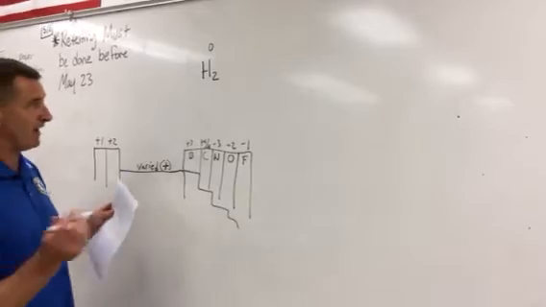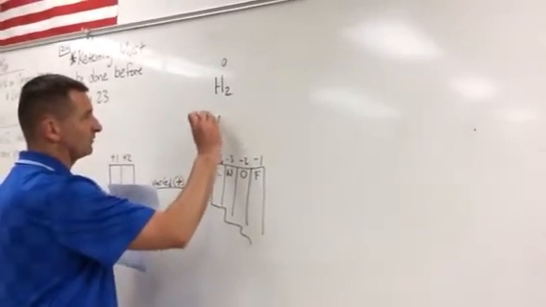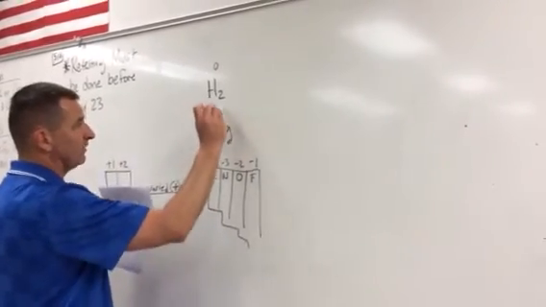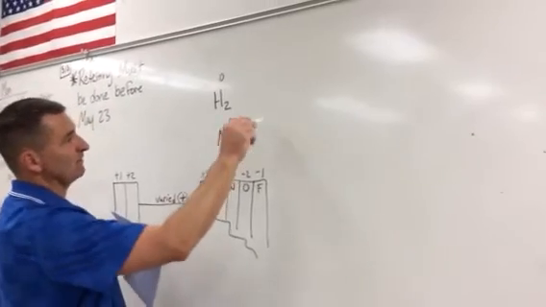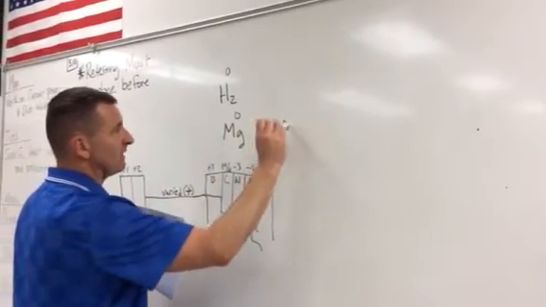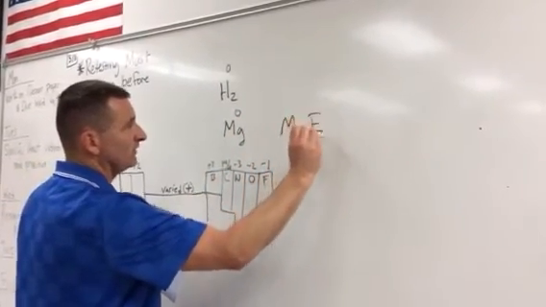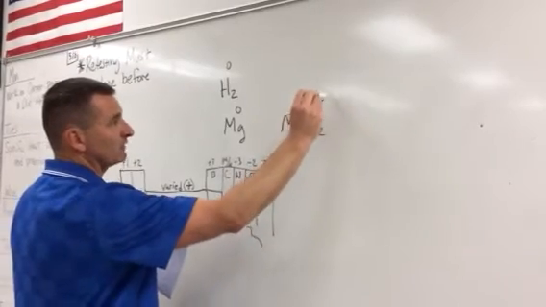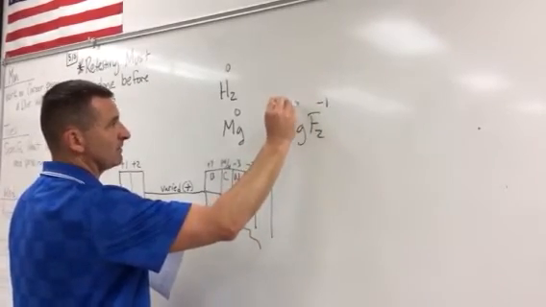If it's uncombined, so it's by itself, it's going to be a 0. So if it's magnesium by itself, 0. Now magnesium with something, like magnesium and fluorine, magnesium fluoride, fluorine's always a -1, so then magnesium is going to be a +2.